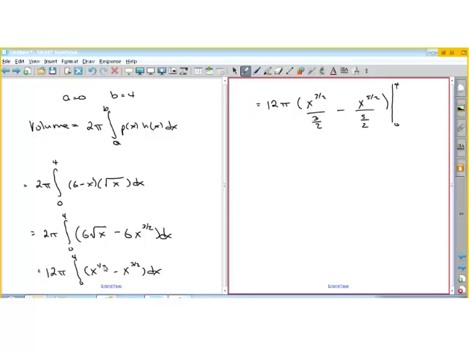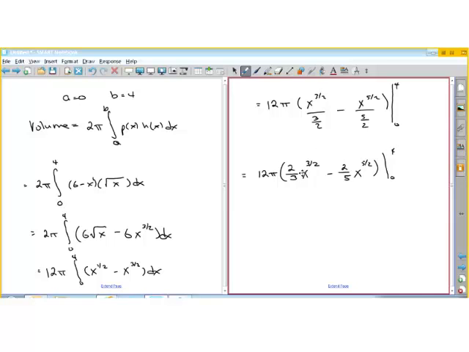So I'm adding 1 to this. 1/2 plus 1 is 3/2. 3/2 plus 1 is 5/2. And before we actually plug it in, let's do the reciprocal. So you get 12 pi, 2/3 x to the 3/2 minus 2/5 x to the 5/2, evaluated between 0 and 4.